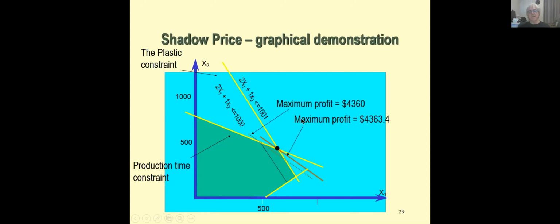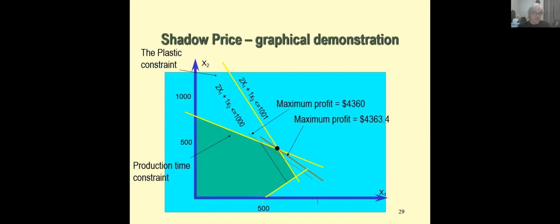It used to be 43.60 before. So the profit has increased because I got more plastic and the previous amount of plastic was used up. Nothing was left over. So naturally, if you add more plastic to yourself, you can use it up again and you will increase your profit.